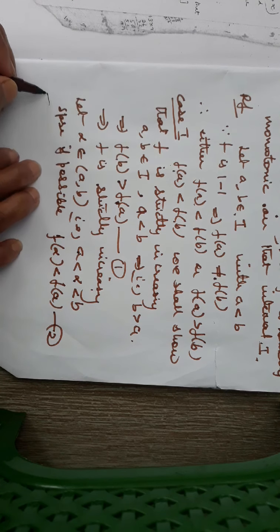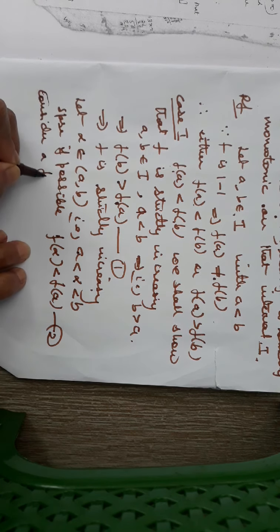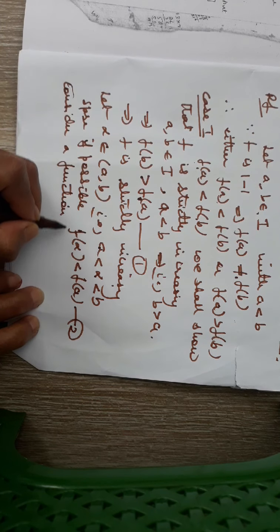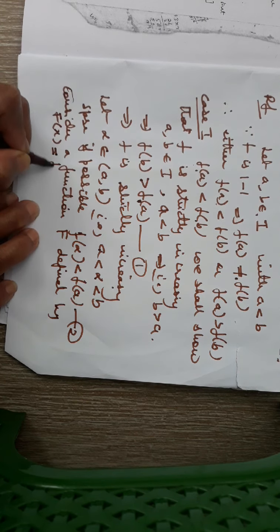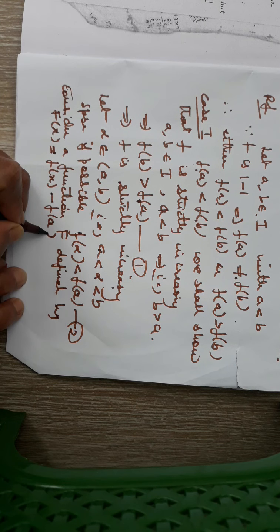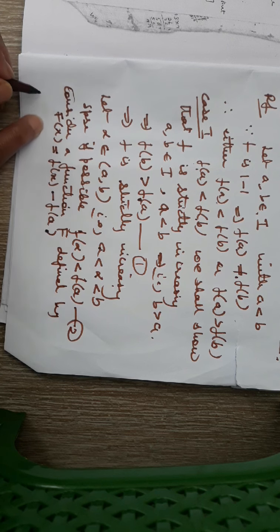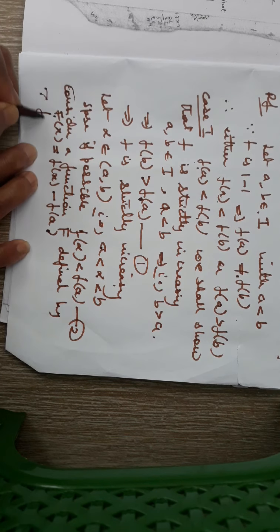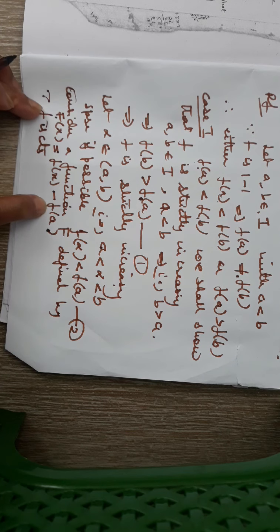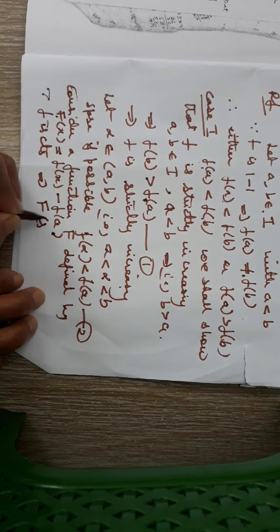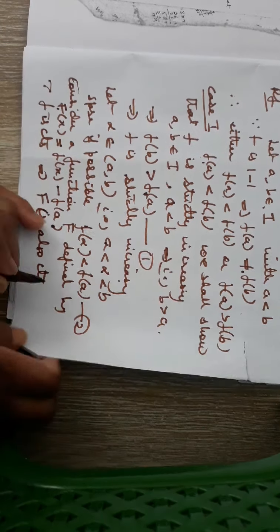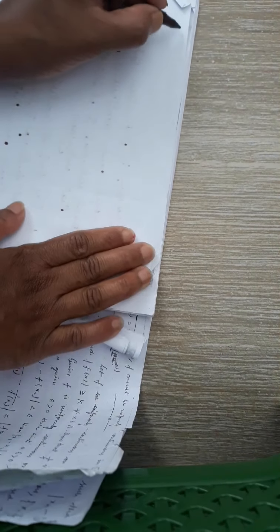Now we have to consider a function F defined by F of x equals f of x minus f of A. So clearly this F is continuous, because since small f is continuous, it implies that capital F is also continuous on the same interval I. Now, what is F of x?